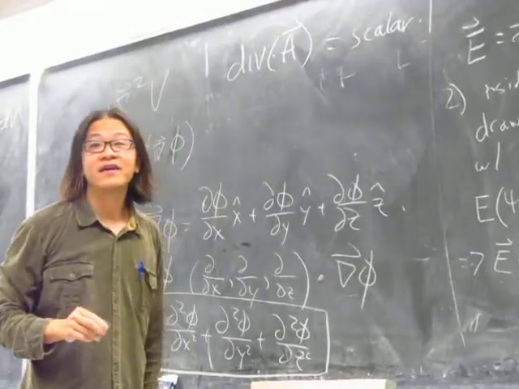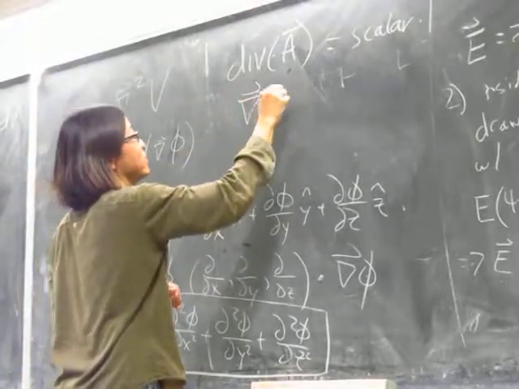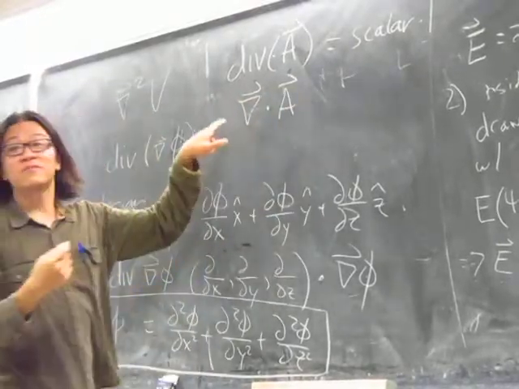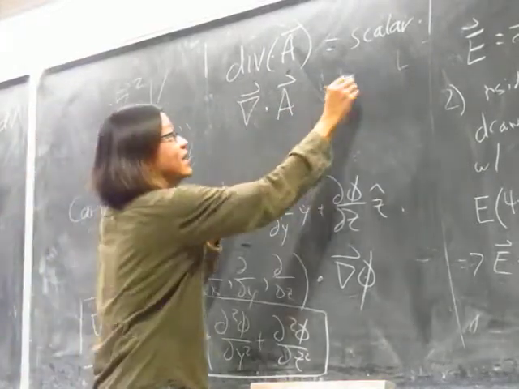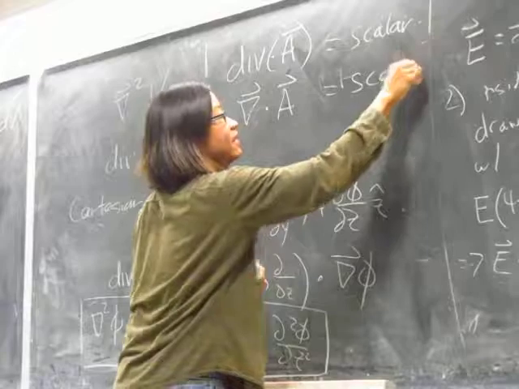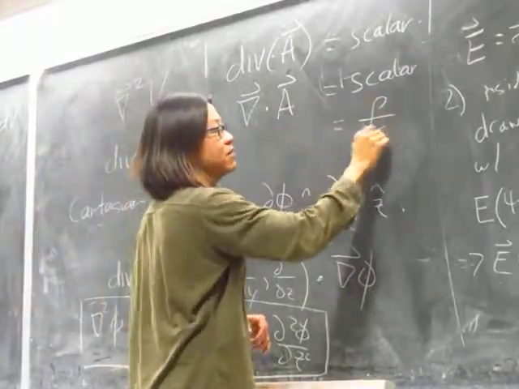You can think of this in Cartesian units as a dot product between the gradient and a vector, and it gives you a scalar. And in the case of the electric field, that scalar is just rho over epsilon naught.